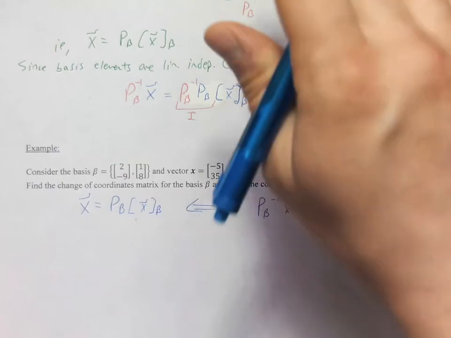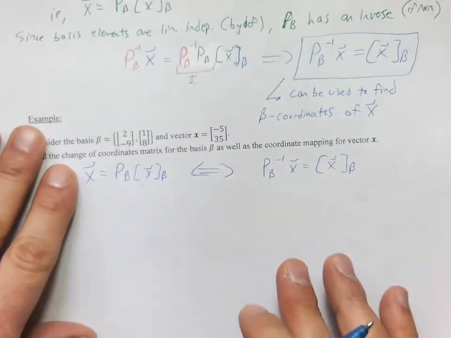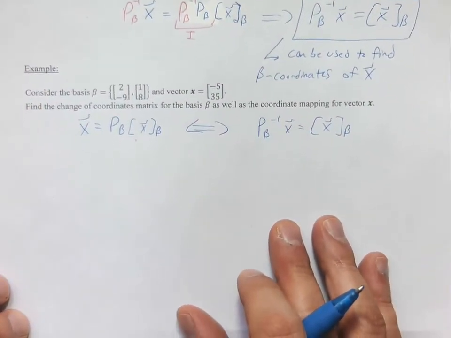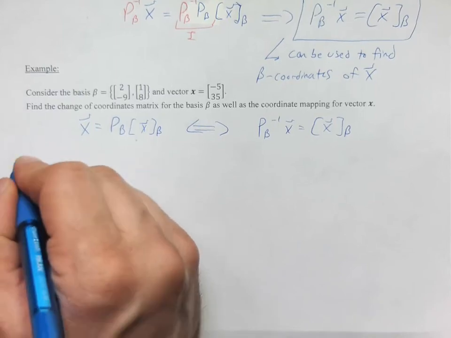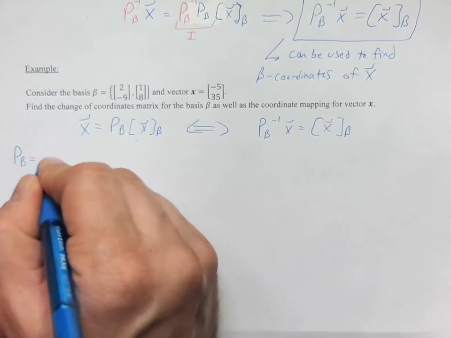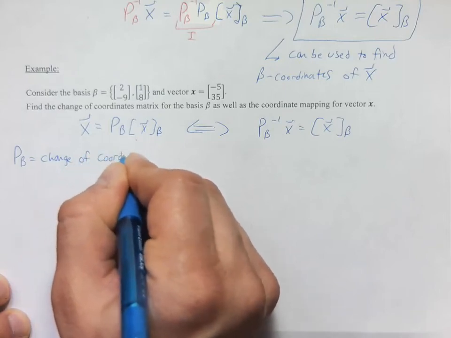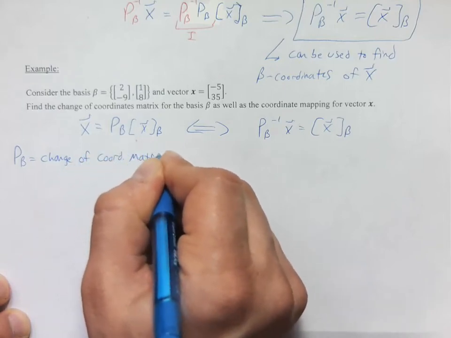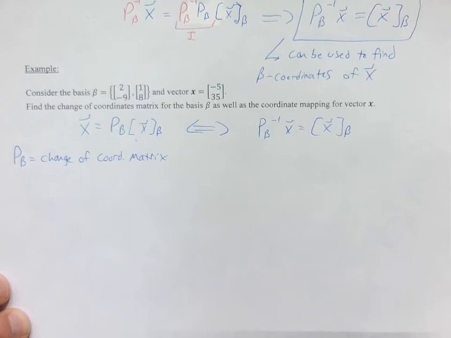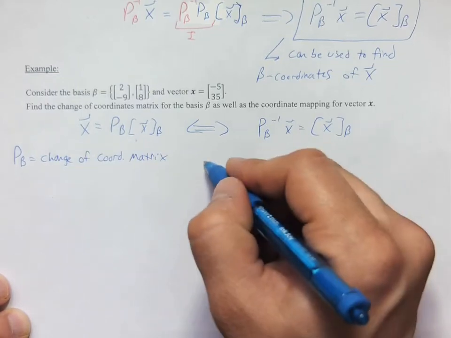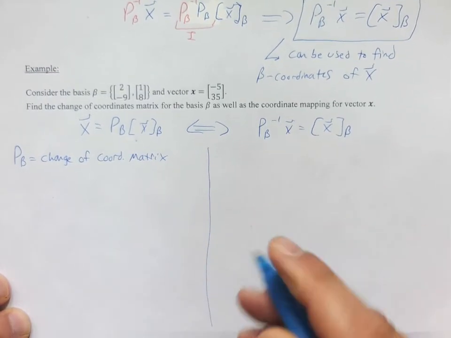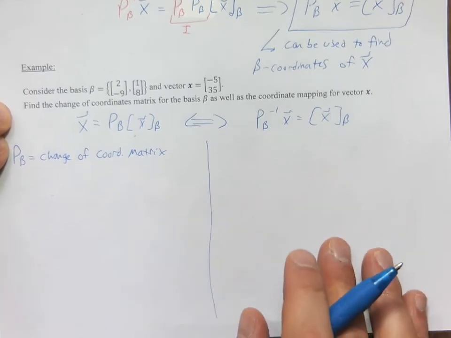I'm going to slide my paper up so you can see all this. Let's start by writing down P_beta, which we call the change of coordinates matrix. It's what you get when you just put all the elements of the basis together. I'm going to split this page in half, so we can do half of it right here and half of it right here.